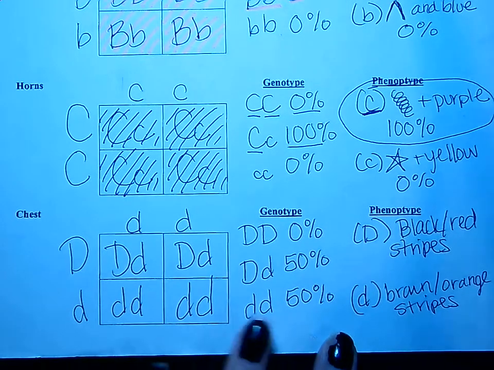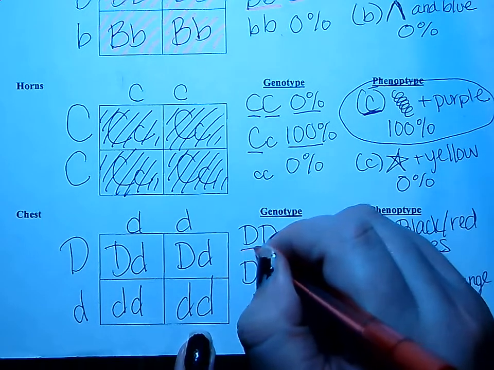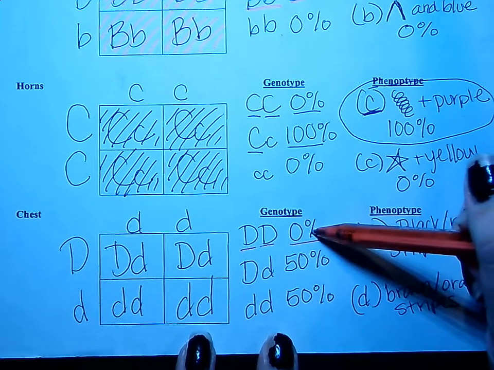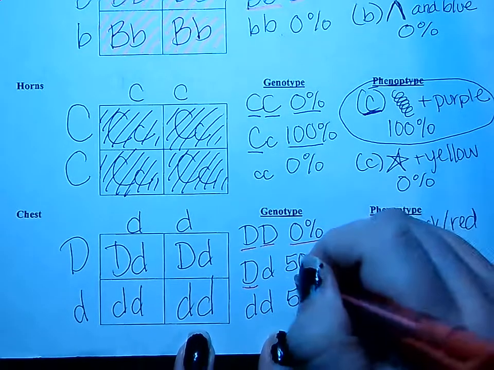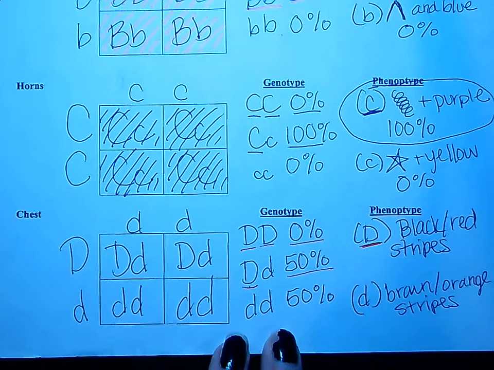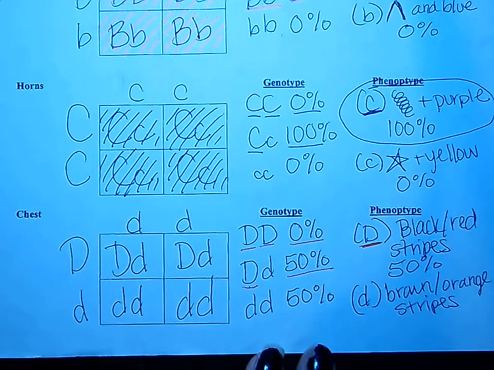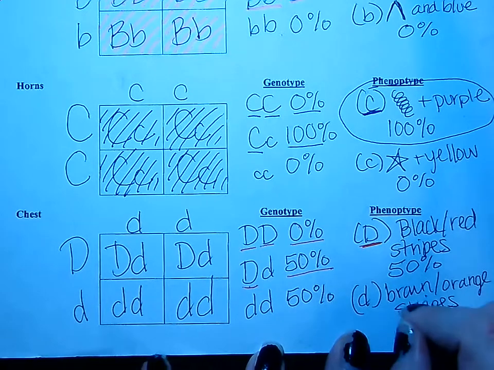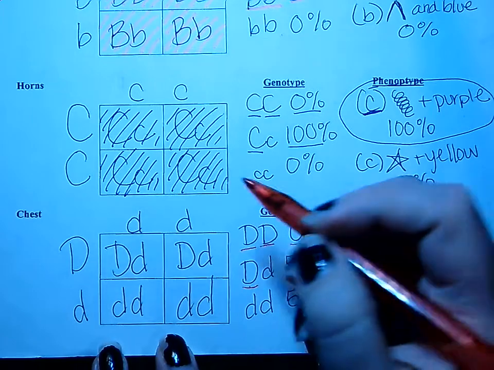So I'm going to shade in the dominant. So it has to have at least 1. So if I bring over my 0%, this one has 1, so that would be 50. So 0 plus 50 is 50. Recessive would be 50%. You can also shade in your Punnett square to check your work.